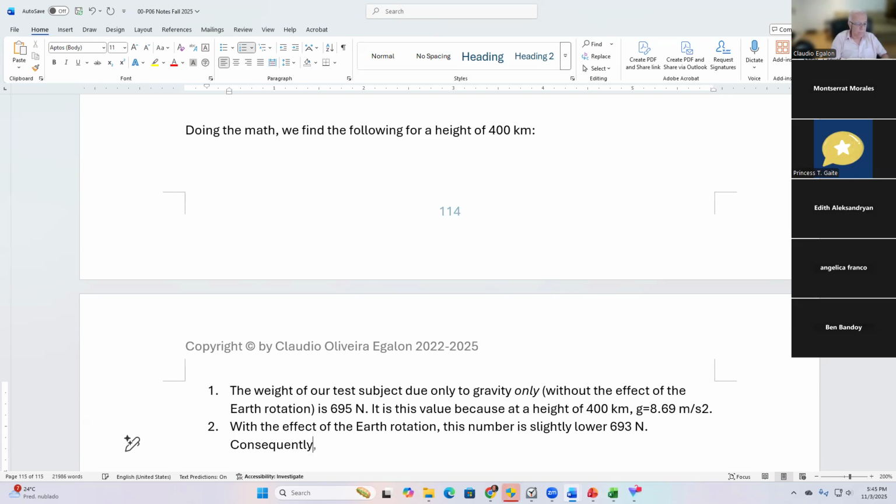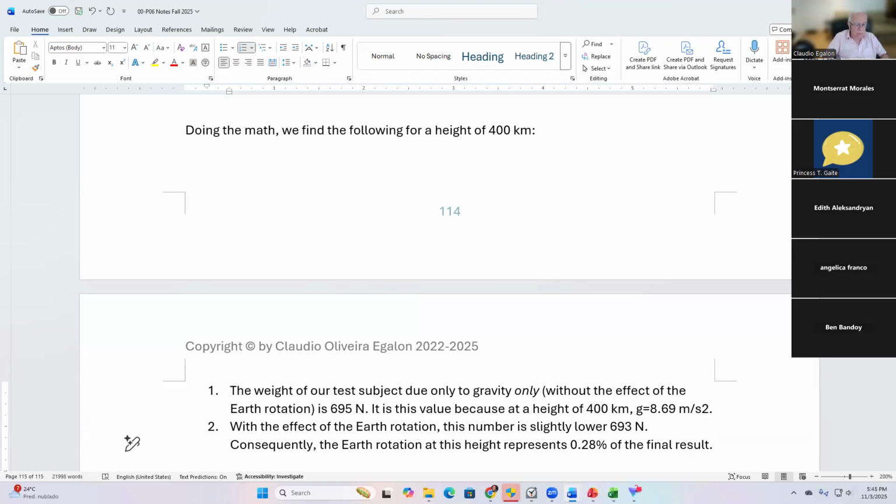Consequently, the Earth's rotation at this height contributes only 0.28% of the final result.